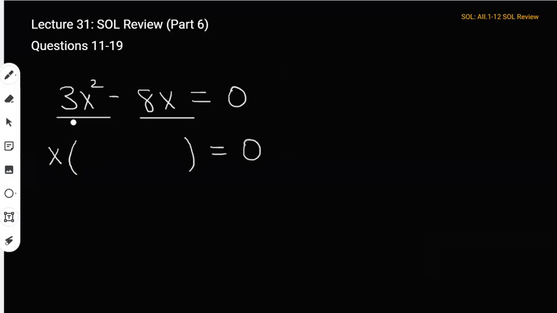So what I'm going to do is divide both sides by x and see what I get. If I take an x away from the 3x squared, I'm just going to have a 3x. But if I take an x away from the 8x, essentially you would just be dividing this. So I'm left with minus 8.